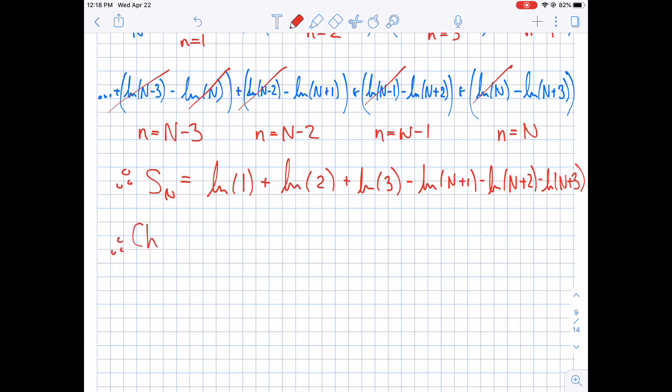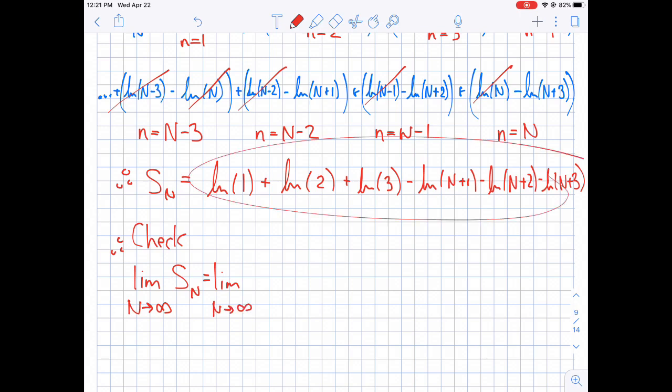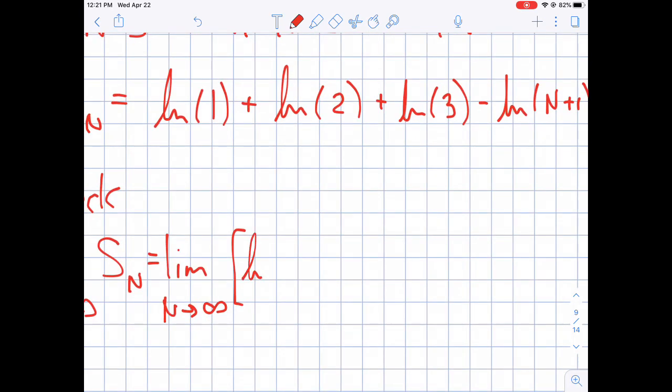So let's go and check what happens if I now take the limit as the number of terms, capital N, goes to infinity, the limit of S sub n. Well, that's going to be the limit of all of the terms that we had right here. Okay, and so now let's try to put those in. We have ln of 1. Let's actually drop that one.